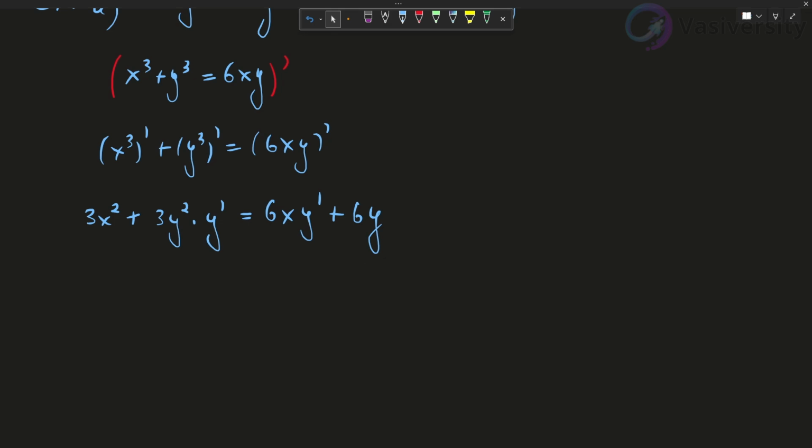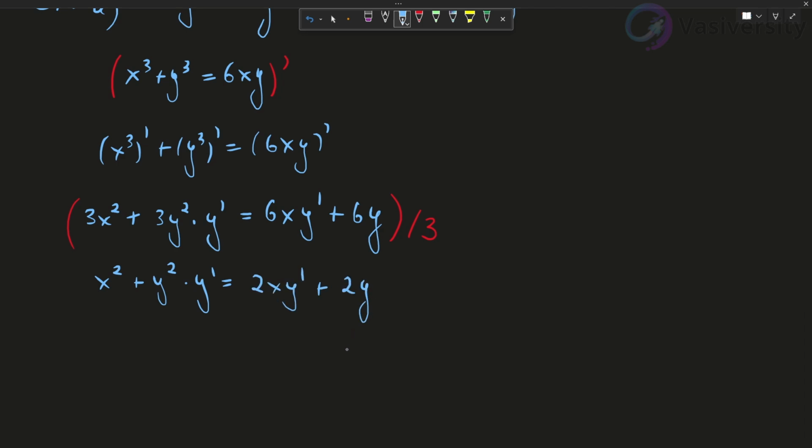But before that, let's go ahead and divide the entire equation by 3. So we're going to have x squared plus y squared times y prime is equal to 2xy prime plus 2y.